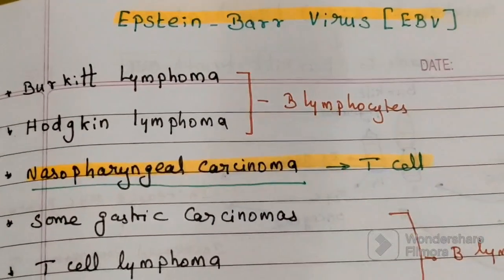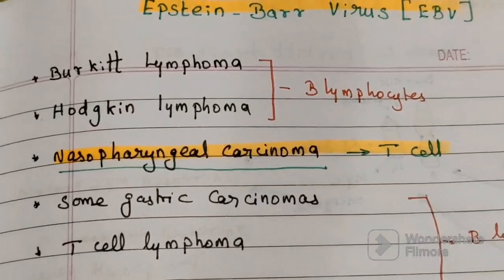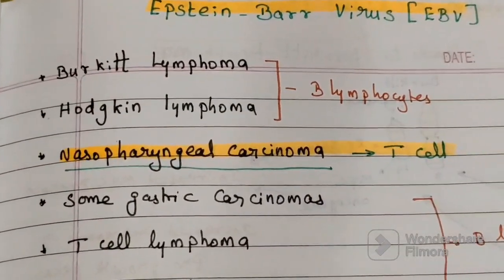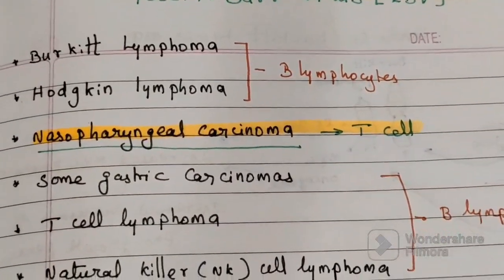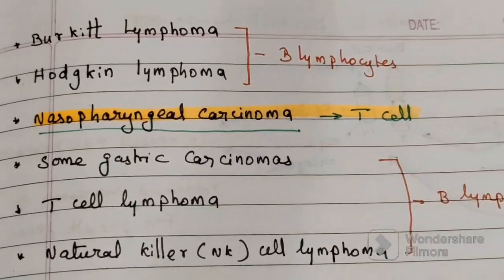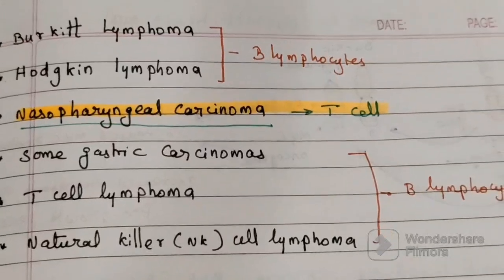Next virus, Epstein-Barr virus. It causes 6 types of tumor: Burkitt lymphoma, Hodgkin lymphoma, nasopharyngeal carcinoma, some gastric carcinoma, T-cell lymphoma, natural killer NK cell lymphoma.